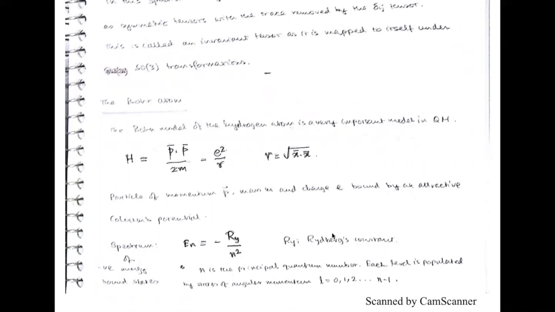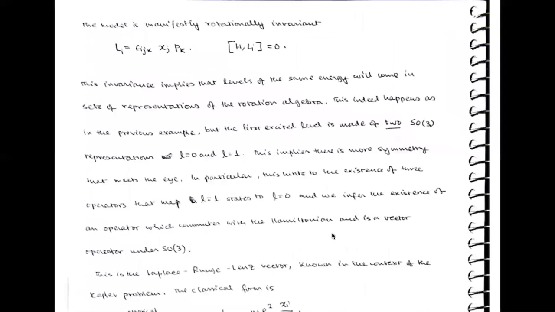Now, it's very clear that the Bohr atom is manifestly rotation invariant. Therefore the angular momentum operators that we also came across last time are going to commute with the Hamiltonian.